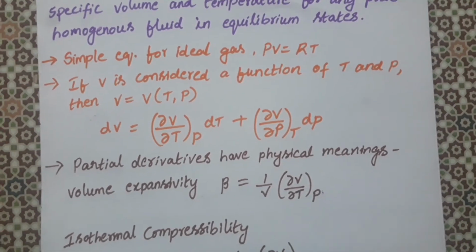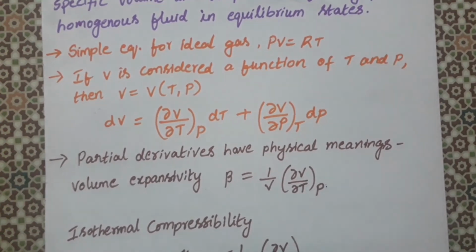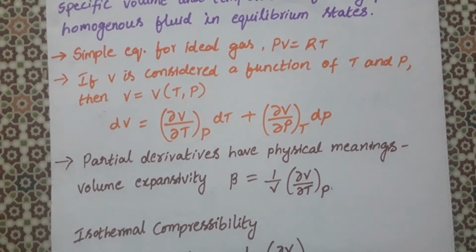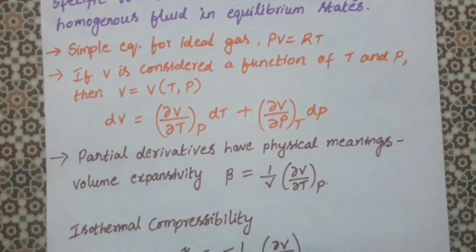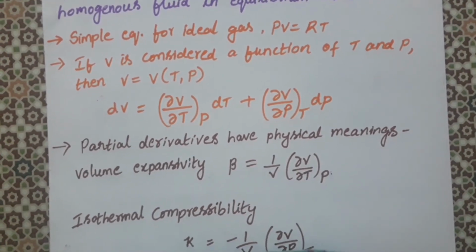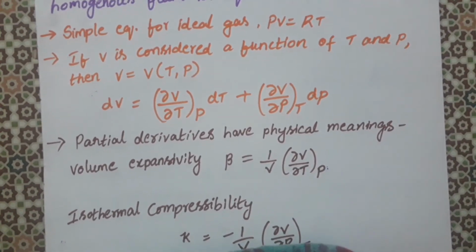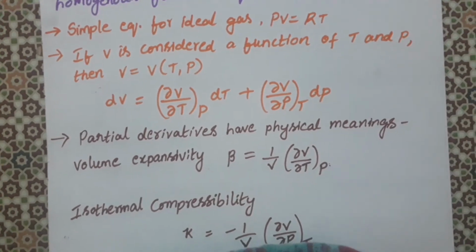equation, dV = (∂V/∂T) at constant pressure dT + (∂V/∂P) at constant temperature dP. These partial derivatives have specific meanings, and we can write them with symbols.